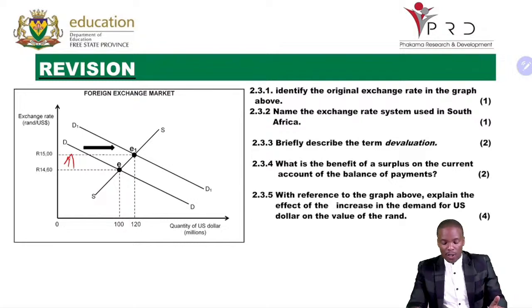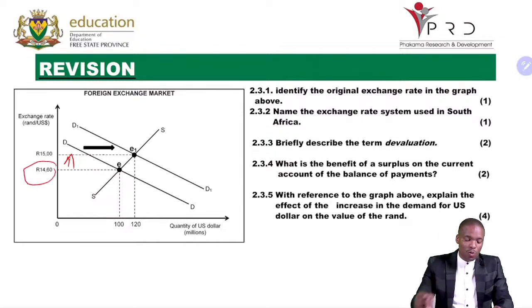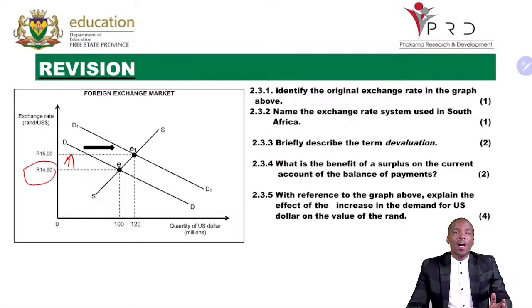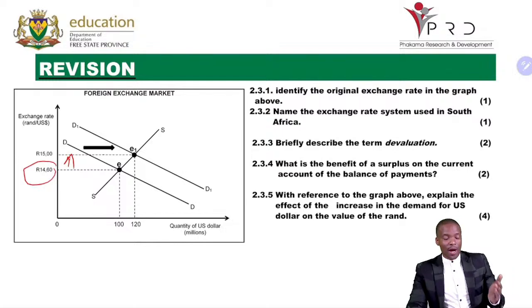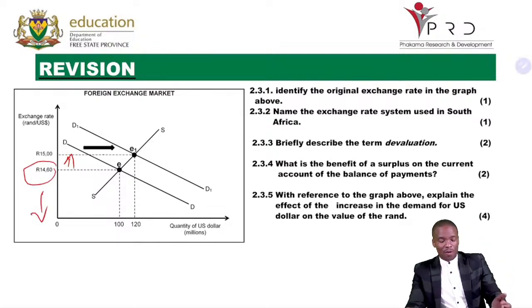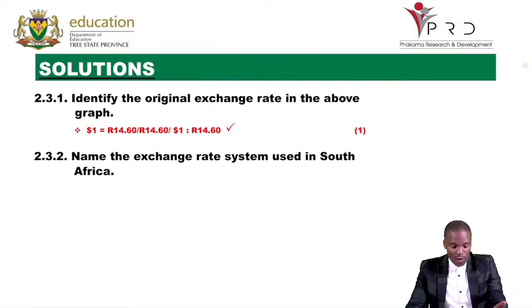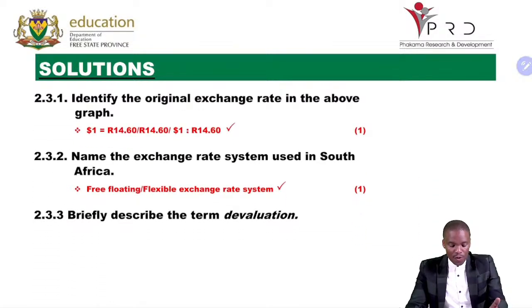So when I do it in short, when the rand moves from 14 rand to 15 rand, there we are saying it has depreciated, it has lost value. So we want a situation where the rand goes down to 0. Then we would have achieved what we want at the end of the day. So let's move. Okay.